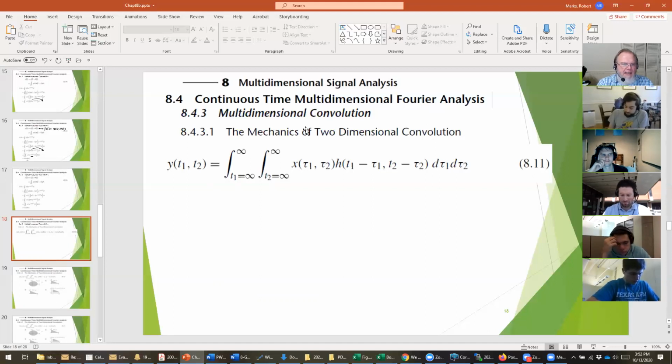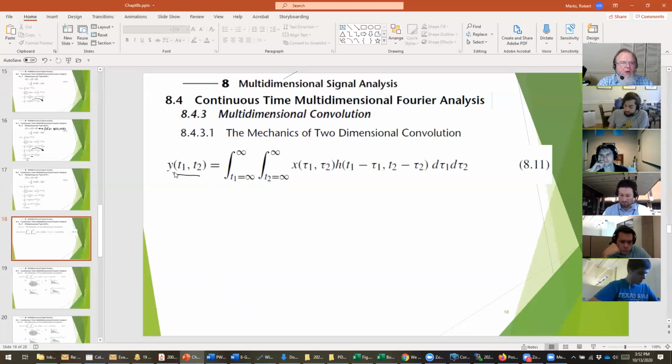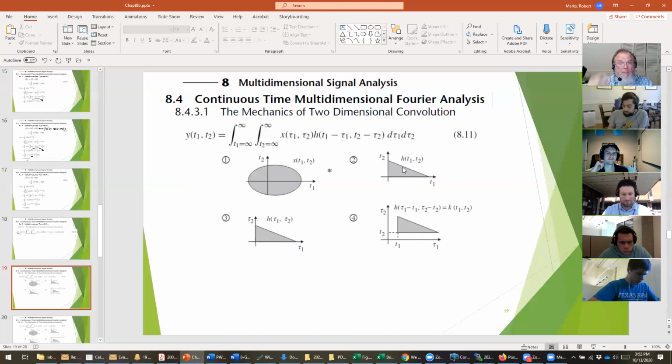So this is the convolution, but it's written out in longhand. So we have both the integration signs here. Here's a two-dimensional function, and here's our shifted h. So with that in mind, let's go ahead and start with some shapes.